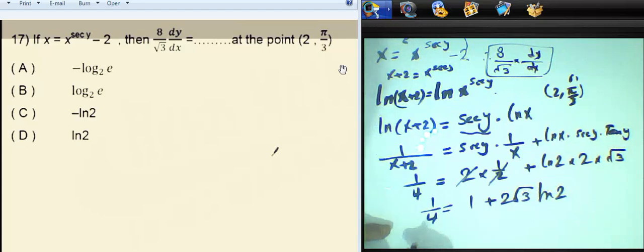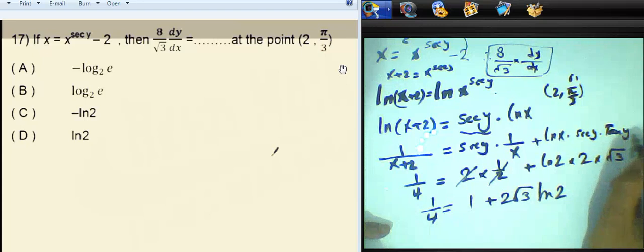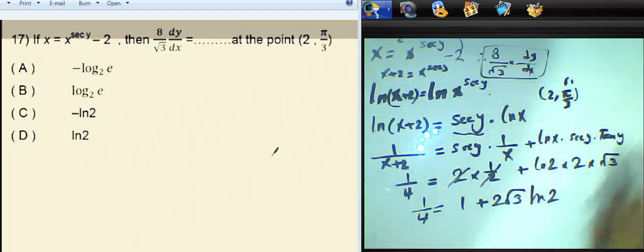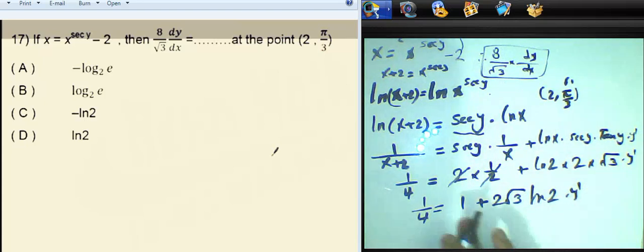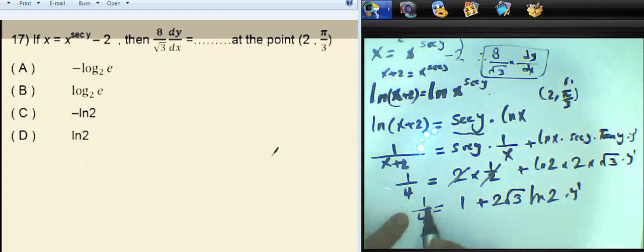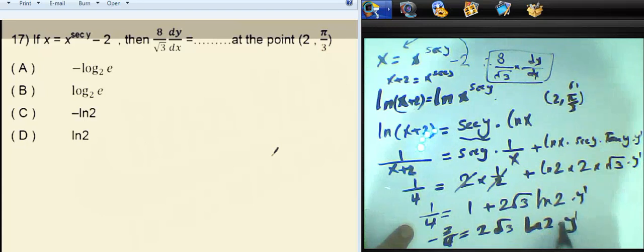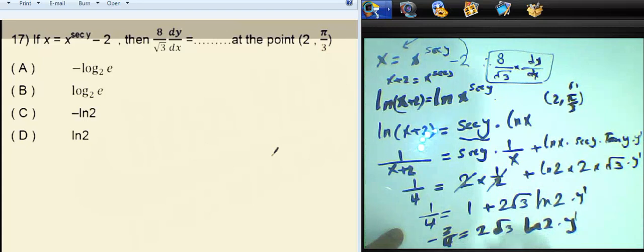We have here tan y dash, here y dash, or the derivative of this function, dy over dx, or y dash. Don't forget it. Moving 1 here, it will be negative 1 plus 1 over 4, which is negative 3 over 4, equals 2 root 3 ln 2 multiplied by y dash, and we can cancel, 2 times 4 equals 8.